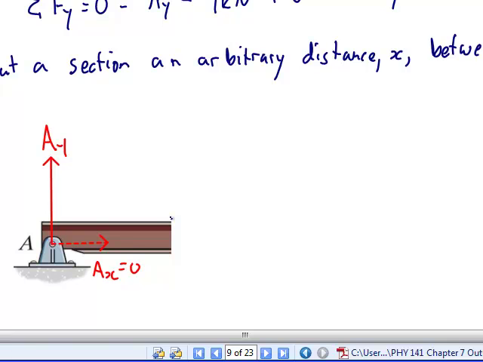Okay, so this distance here is going to be x.